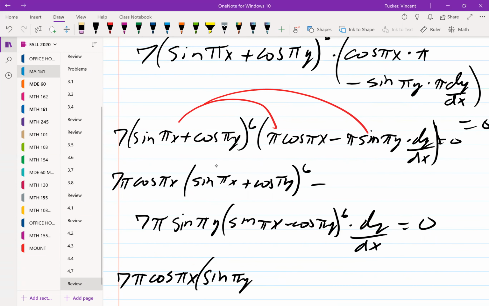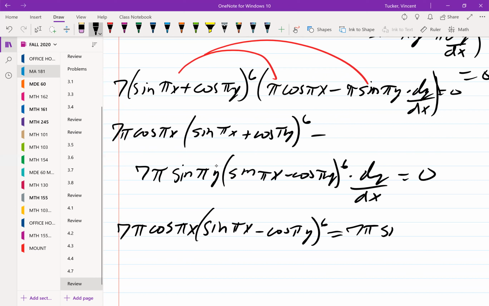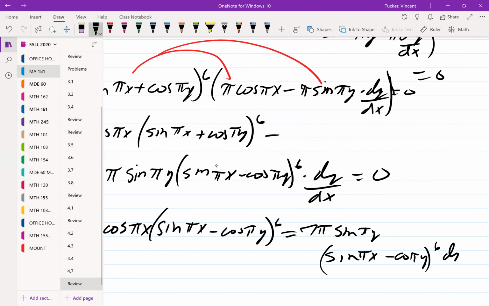Anyway, you'll see what I mean in a second. All right, so 7 pi cosine pi x plus sine pi x minus cosine pi y to the 6 equal to 7 pi sine pi y and sine pi x minus cosine pi y to the 6 dy dx.